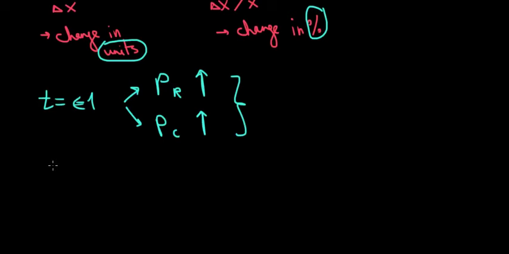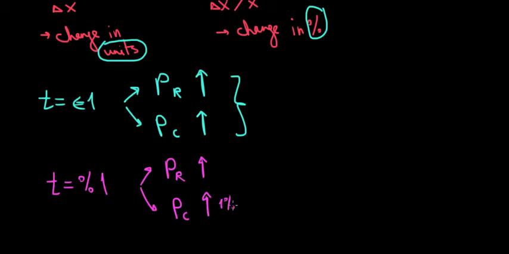But suppose the second case. Let's change colors. Suppose the second case is that we have a tax of 1% of the price. Well, the price of the rice would go up by 1%. The price of the car would also go up by 1%. But what is 1% in this case? Well, in this case, 1% shows a relative change, a proportional change to the price.